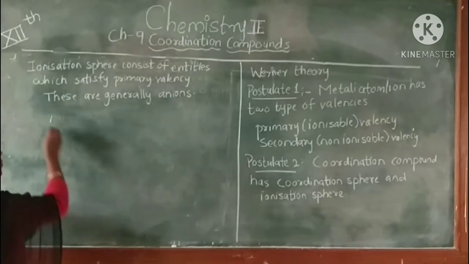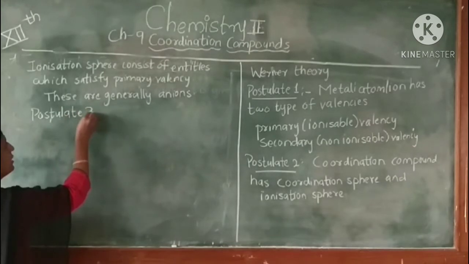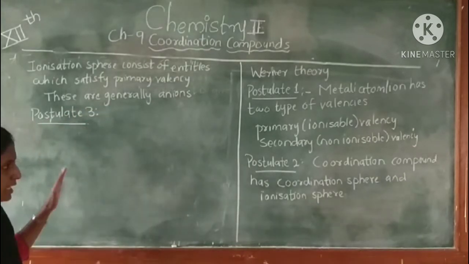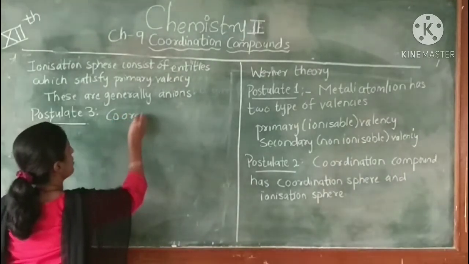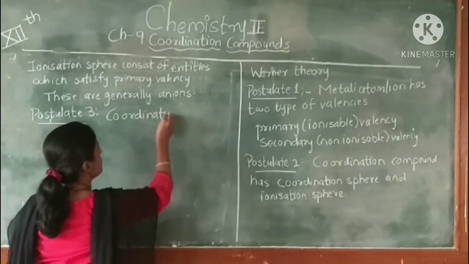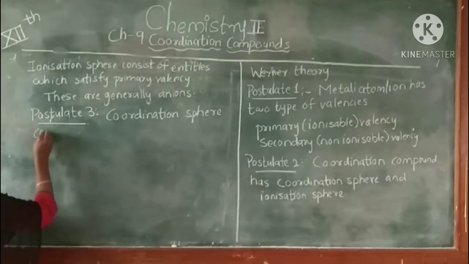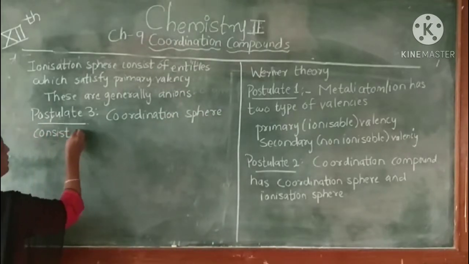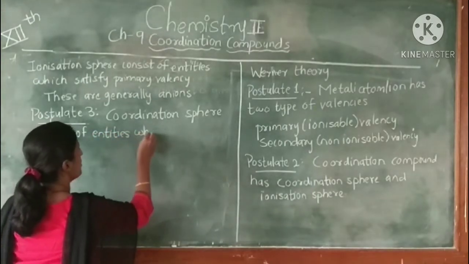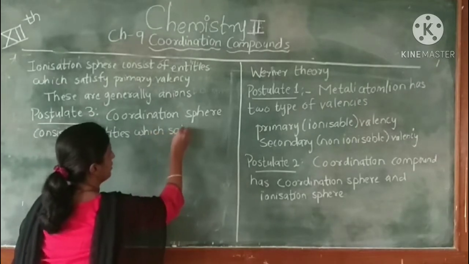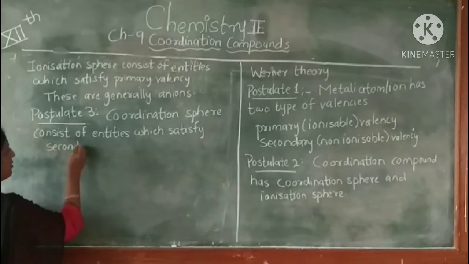Now let's move to the third postulate. He stated that the coordination sphere consists of entities which satisfy the secondary valency.